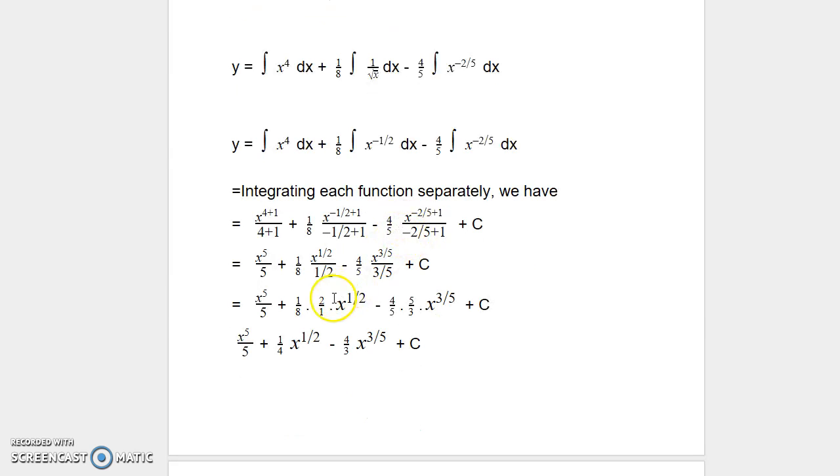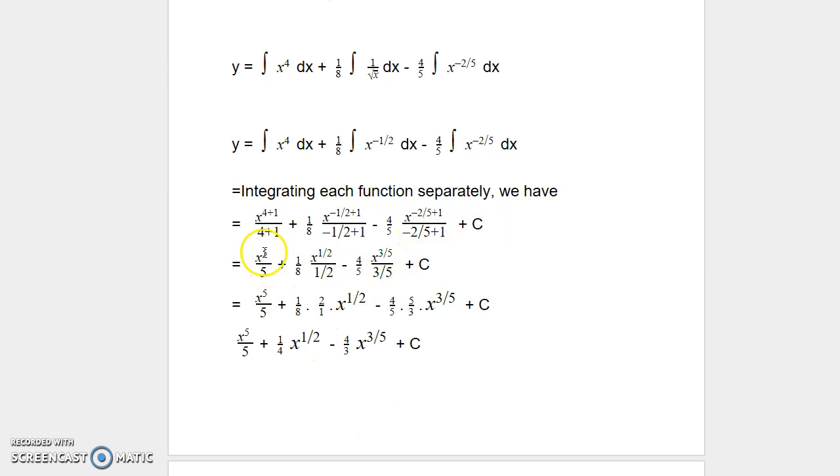When we perform the power rule for each of these, it simplifies as shown here. x to the power of 4 plus 1 divided by 4 plus 1, plus 1 over 8 x to the power of minus 1 half plus 1 divided by minus 1 half plus 1, minus 4 over 5 x to the power of minus 2 over 5 plus 1 divided by minus 2 over 5 plus 1, plus c.